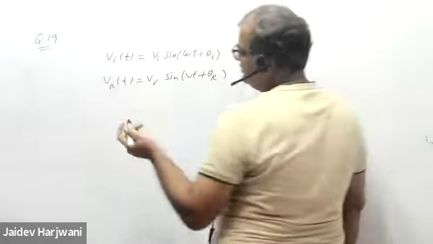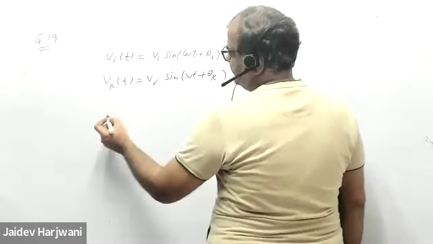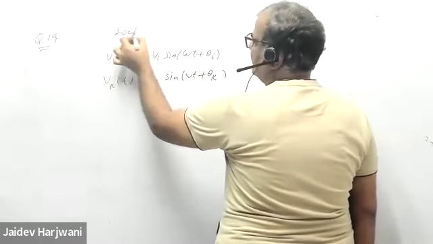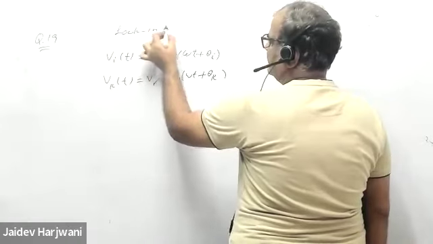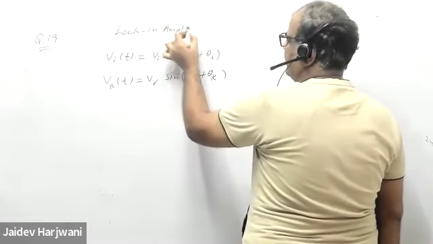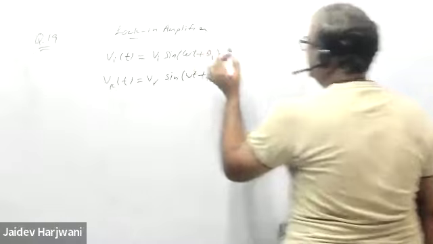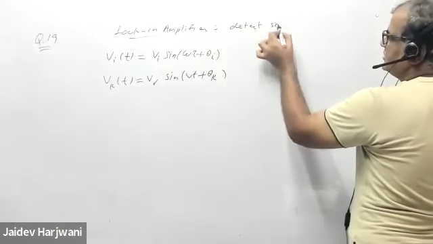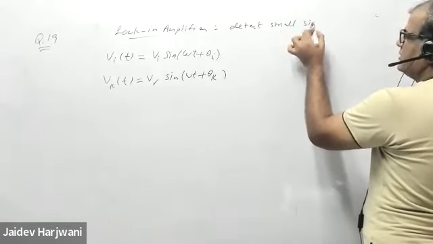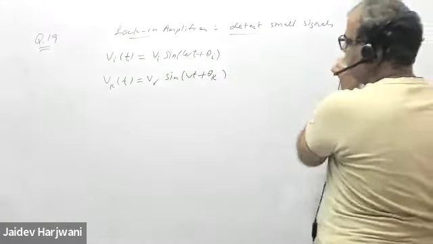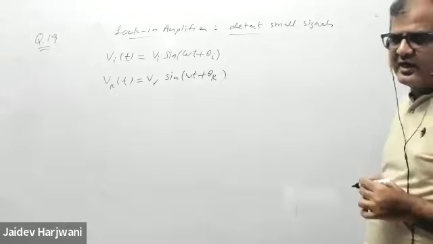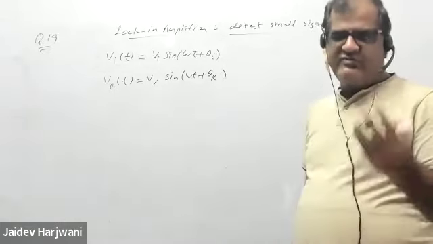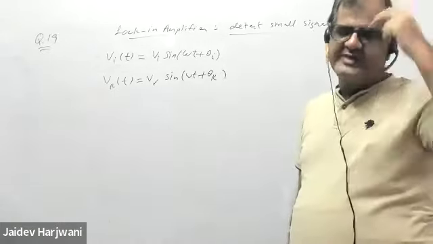What is the use of a lock-in amplifier? In the laboratory, it is used to detect small signals, like in millivolt or microvolt, when there is so much noise in the background.